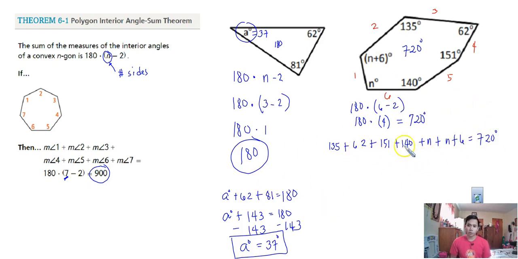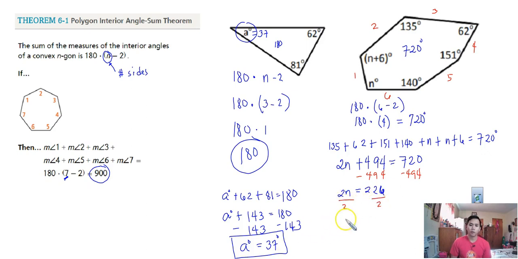Combining like terms, we have 2n, because n plus n, and then 135 plus 62 plus 151 plus 140 plus 6 gives us plus 494, which is equal to 720. Subtracting 494 from both sides, the only thing left is 2n equal to 226. Then I'm going to divide both sides by 2.